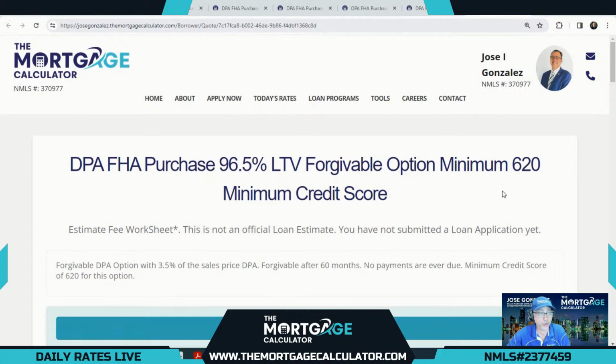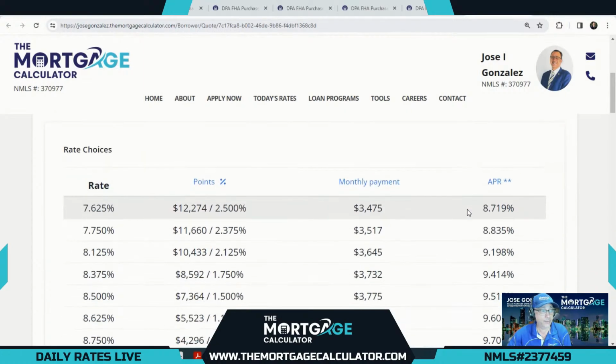What's important to note on the forgivable option is no payment is ever due. It is a second mortgage. And after 60 months, or after 60 payments, if the loan is current, it will be forgiven. I did mention minimum credit score for this option is 620.